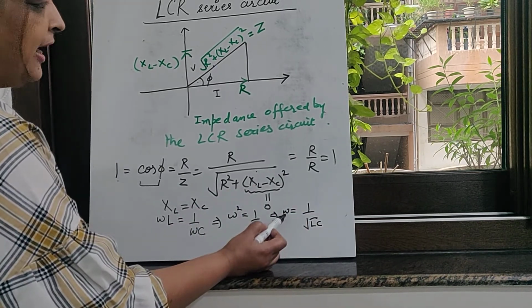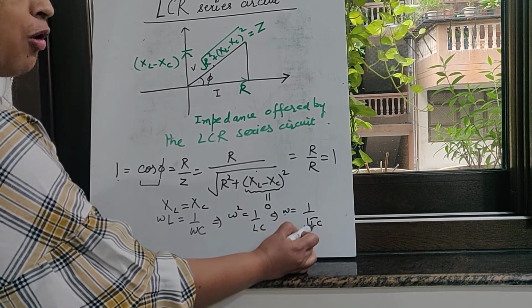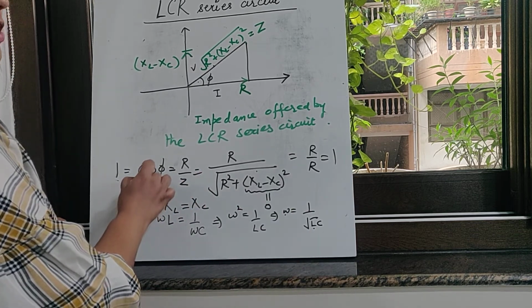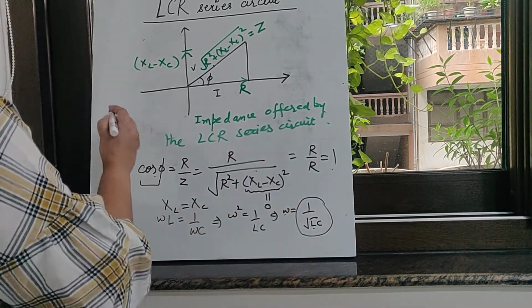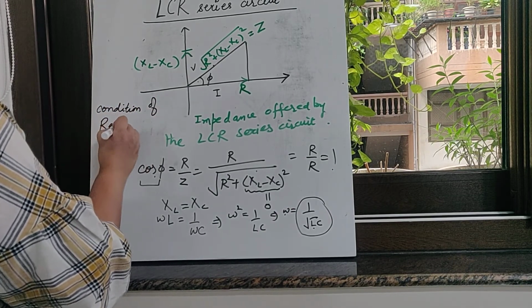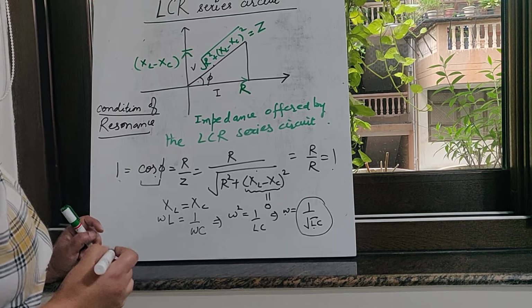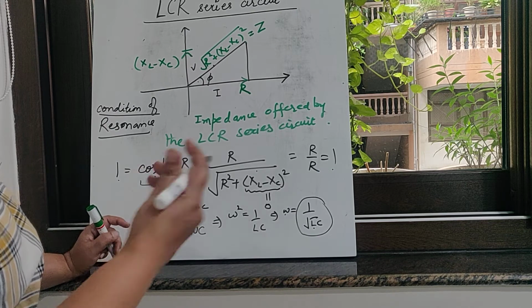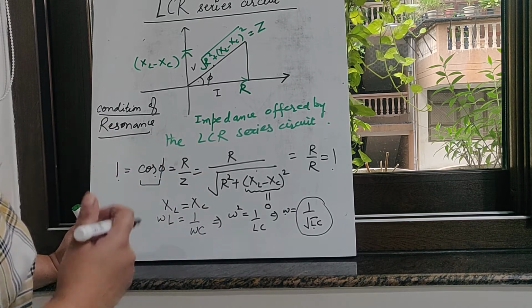So when the applied frequency omega of the AC cycle is equal to 1 by root of the product LC, at this condition the cos phi factor, which was the power factor, will become unity, and this condition is known as the condition of resonance. Now, at the condition of resonance, the current in the circuit becomes maximum, and the power that we utilize becomes equal to the power that is taken from the source. So these are the two things that happen at the condition of resonance.